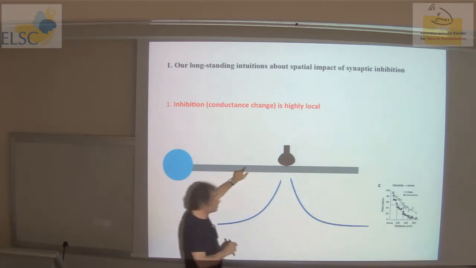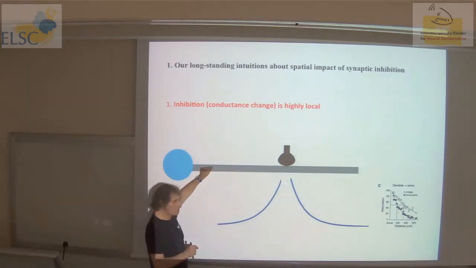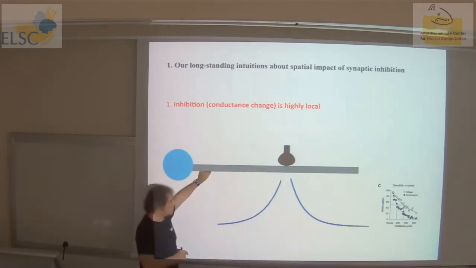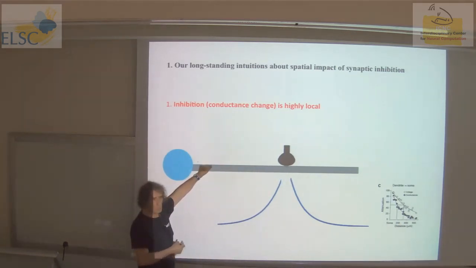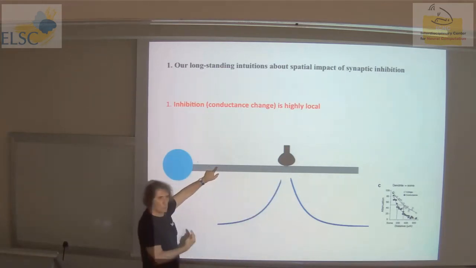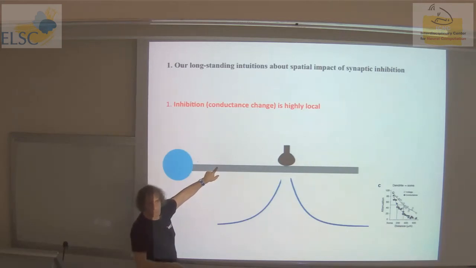But this change can be detected if you inject current here and measure the change here. Let's say you measure input resistance. You inject current here, you get an input resistance of 100 megaohm, and then you create a little shunt here, and this 100 megaohm will drop. This is what I call visibility. It's not because of the conductance of the membrane between the points.